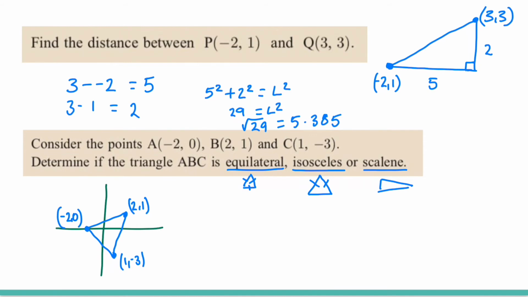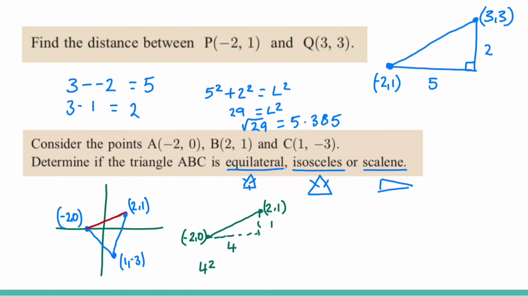So if I take the first one, I'm going to use (-2, 0), and then (2, 1). So I'm just going to draw that out. Let's do that line first, and we're going to try and find out how far we've gone across in the x, which is 4, and how far we've gone up on the side, which is 1.